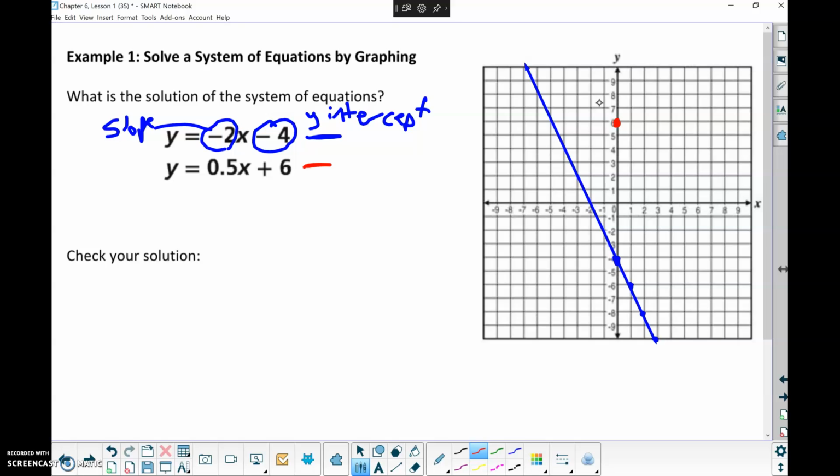I like fractions, because we talk about slope as being rise over run. So if I think of it as 1/2 instead of 0.5, I know I can go up 1, rise of 1, run of 2. And again, I can put as many points as I want following that pattern on my graph.